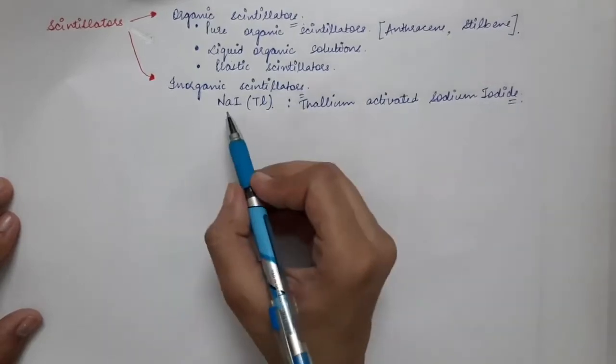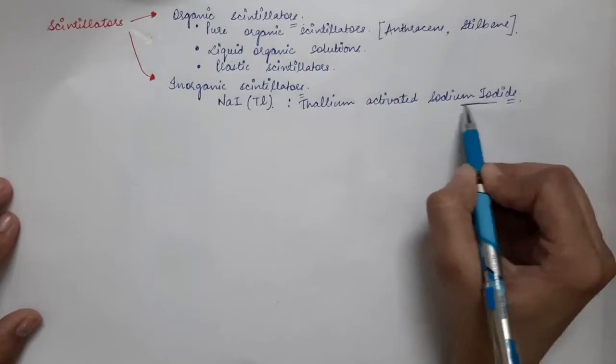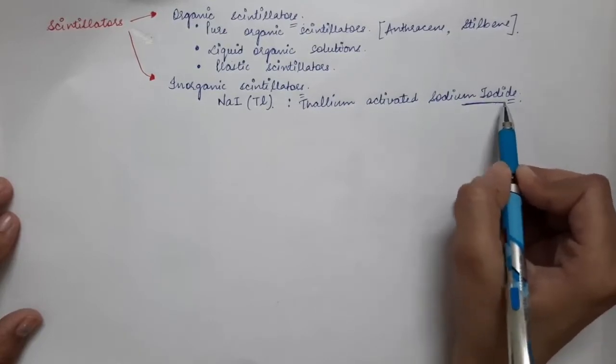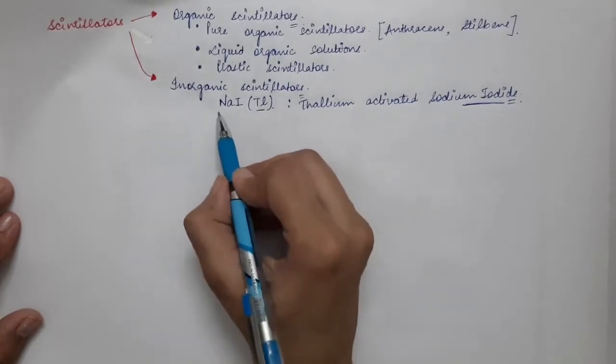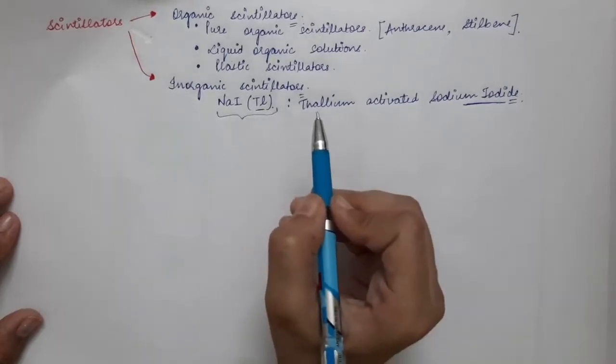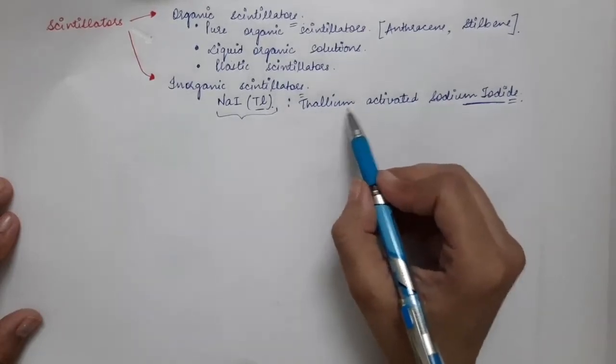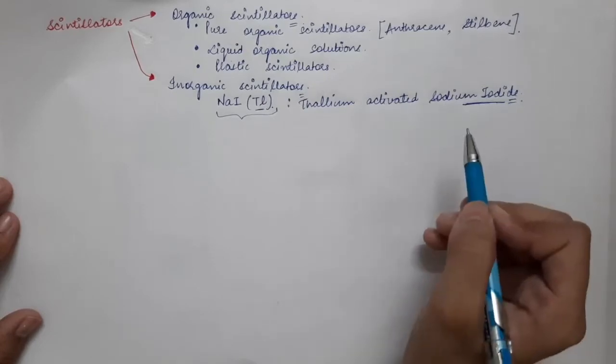So we take an alkali halide, and in this we add an impurity which is thallium. So this works as a scintillator and this is called thallium activated sodium iodide.